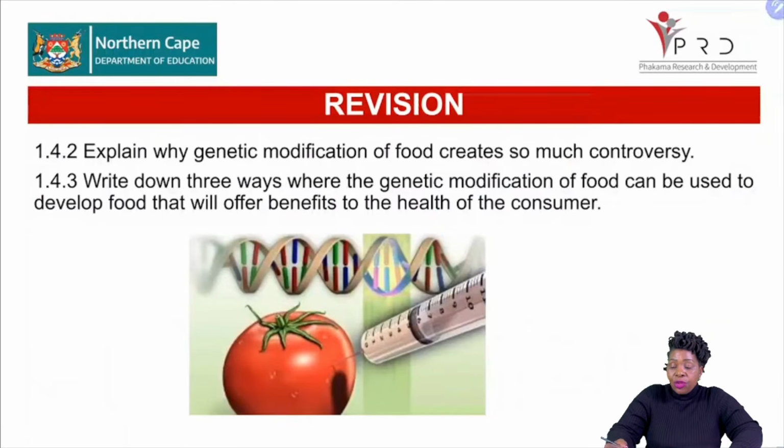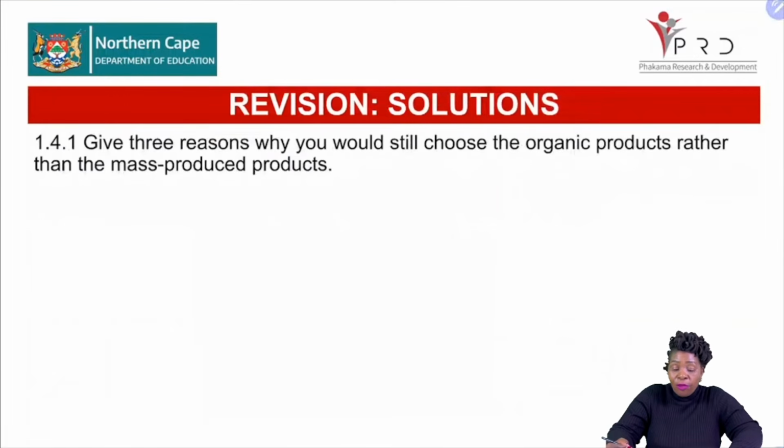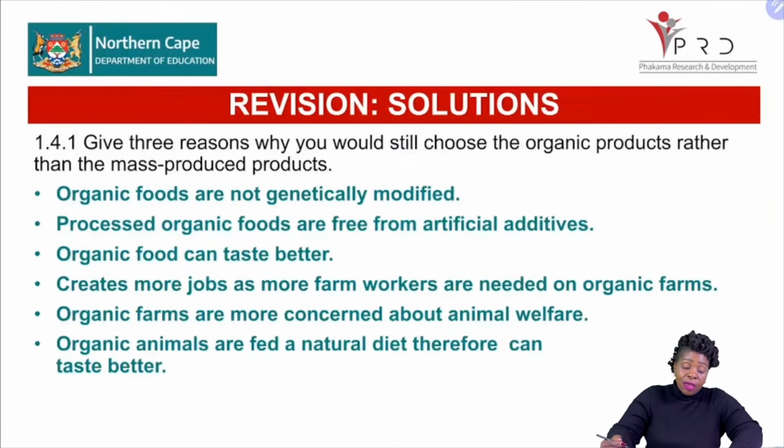Right, we move on to the solutions to our questions. 1.4.1 says, give 3 reasons why you would still choose the organic products rather than the mass-produced products. Right, so organic foods are not genetically modified foods, and processed organic foods are free from artificial additives. Organic food can taste better.